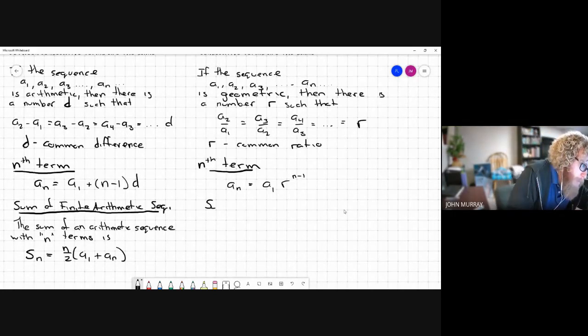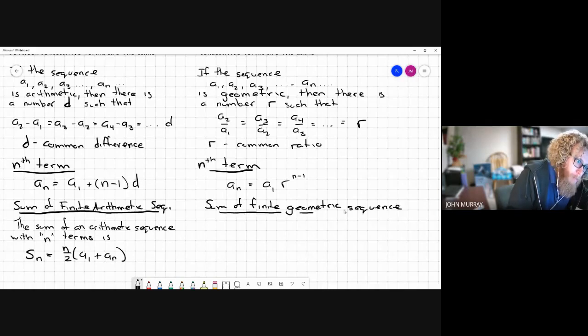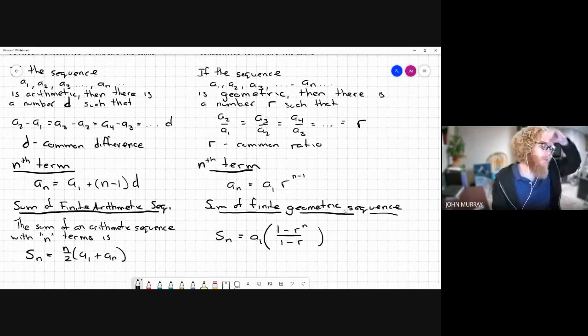First we have the sum of a finite geometric sequence.